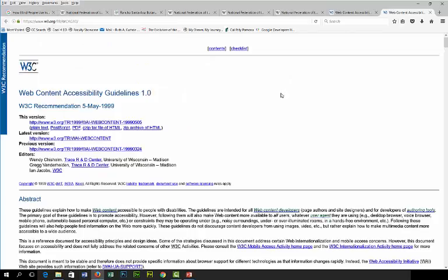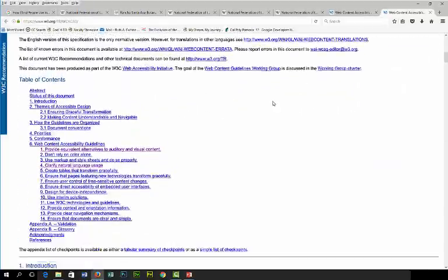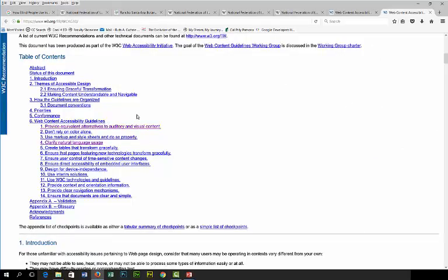This is the website, and if we scroll down to the contents, you can see web accessibility guidelines, and there are things like provide equivalent alternatives to auditory and visual content, and design for device independence, and use interim solutions. These are all things that sound like they would be good for any user, not just a disabled user.